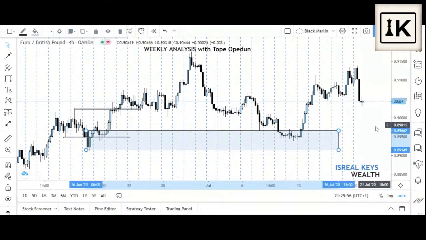And the next thing for us, we'll be looking for an entry setup within this area. You can see it spent 1 to 3 days in here before it kicked off. So that was what my long trade was based off of.